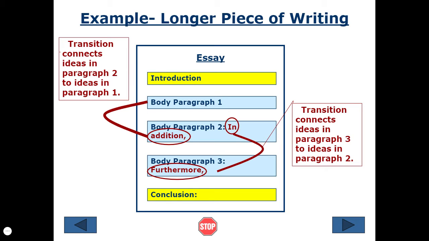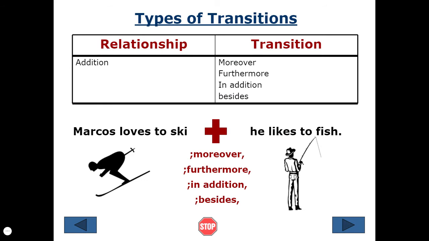And then notice how we have a transition between each body paragraph. So in addition, furthermore, it lets your reader know that you are adding to what you're saying, but possibly changing the subject a little bit. So it's really important to connect ideas between paragraphs with these transitions, as well as using them within sentences and between sentences.